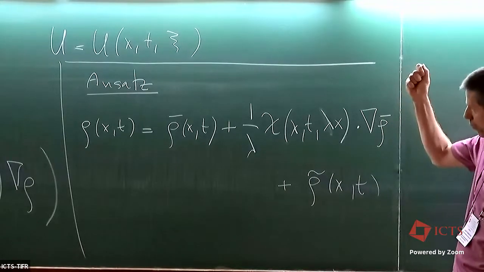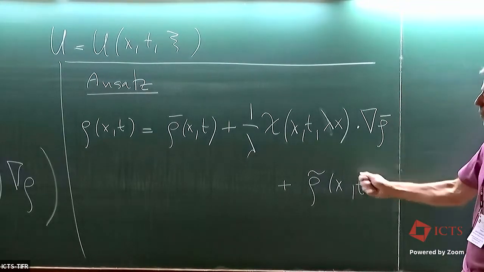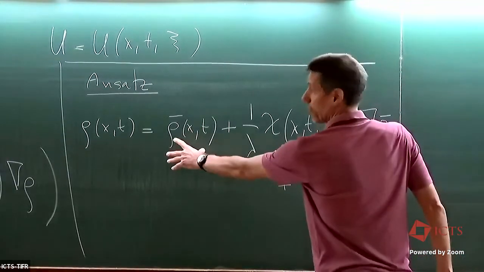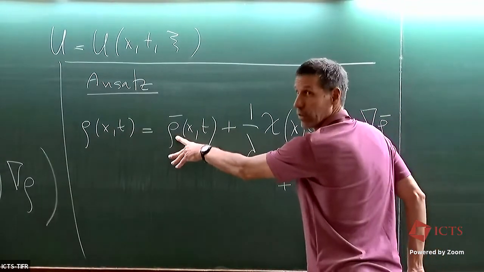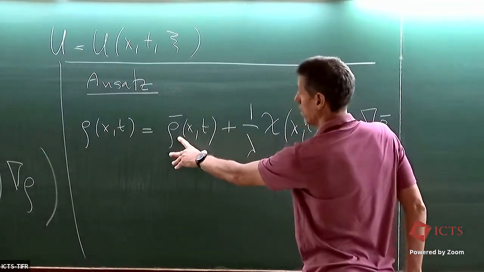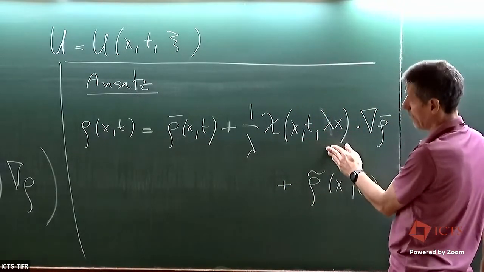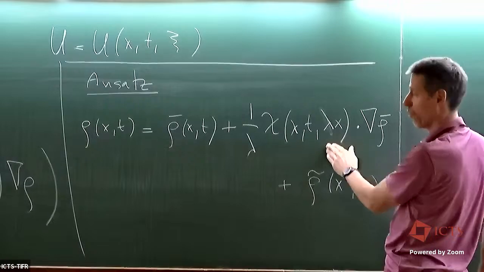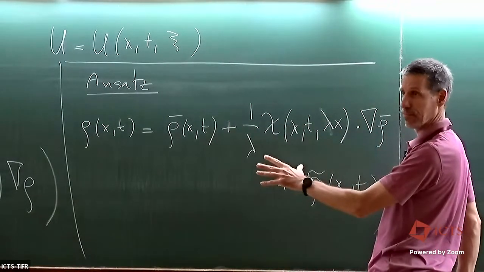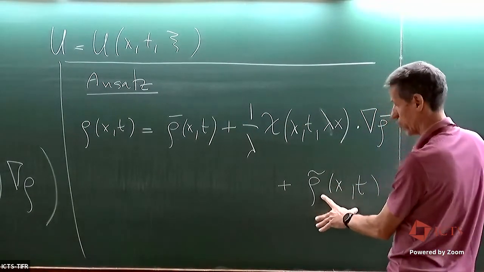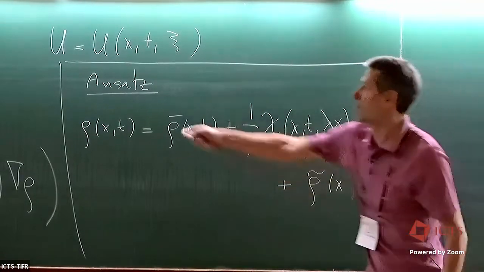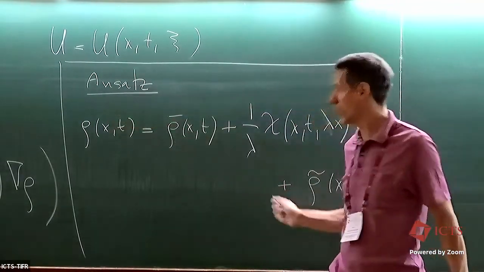So I'm looking for a solution of this type, which means for this one, we essentially know what equation it has to fulfill. We have a formula for this, or at least we know what equation it has to solve. So this part is determined. And this has to then be determined by the fact that the sum has to solve the equation.